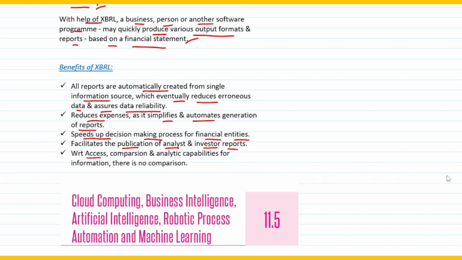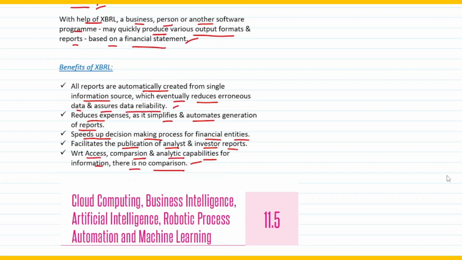With respect to access, comparison and analytic capabilities for information, there is no comparison. In terms of access, comparison and analytical capabilities of information, there is nothing better than XBRL. That's what this point wants to say, right? So what are the various benefits of XBRL? First of all, the reports are automatically created from a single information source, which reduces erroneous data, that is incorrect data, and assures data reliability.